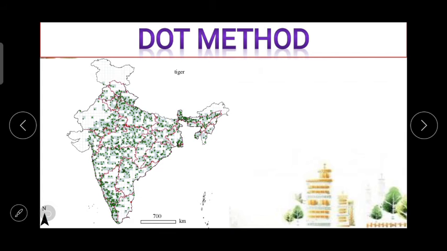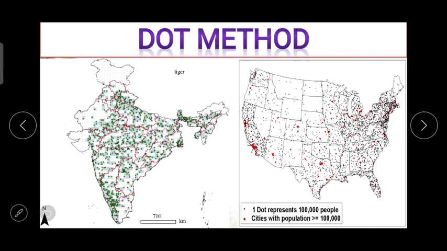Now on the screen you can see the map, this one. Two maps are visible in which dots are given. A dot map is prepared using statistical data. Very important: if there is no statistical data, the map cannot be made. We need statistical data, and while preparing dot maps only data gathered through counting is used.